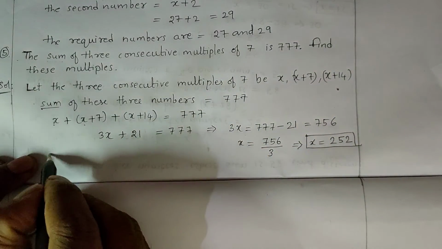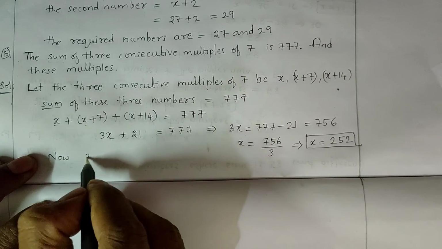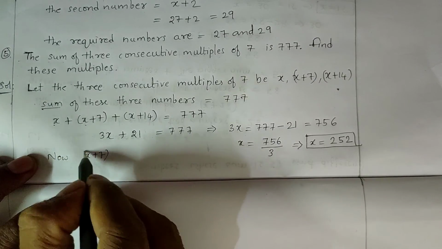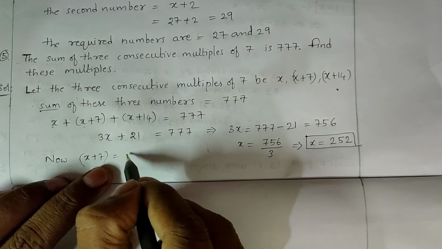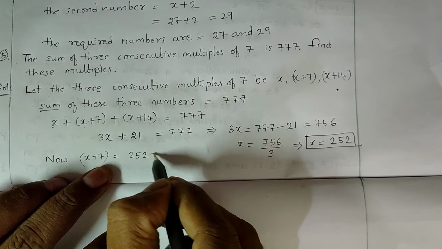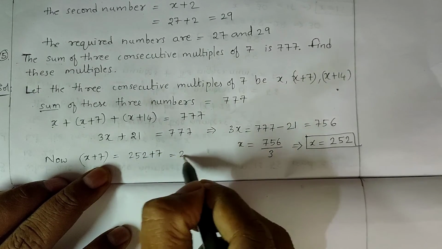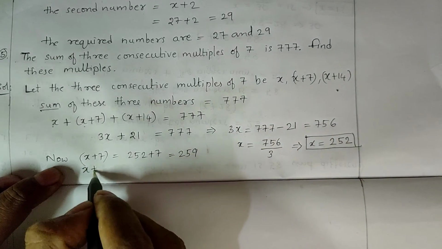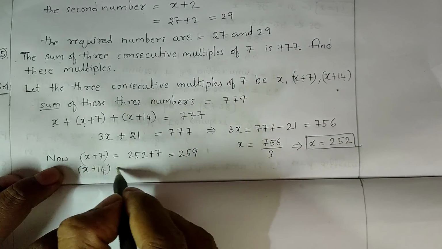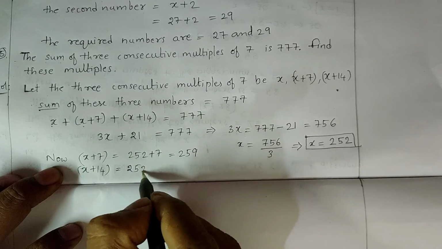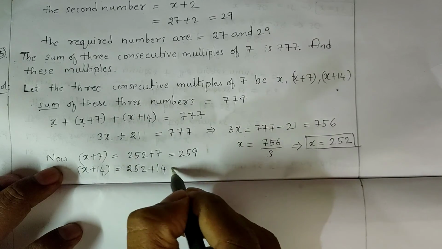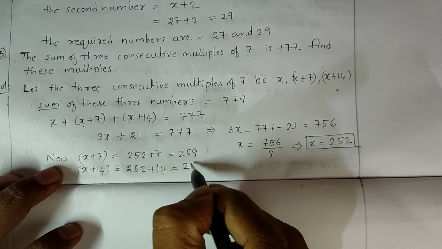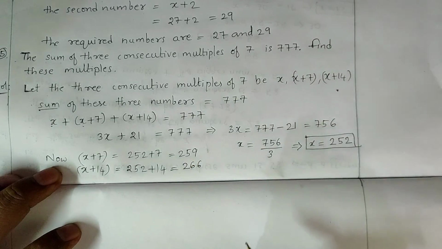So let us find the second number. The second number is x plus 7, which is 252 plus 7, that equals 259. Then x plus 14, that is 252 plus 14, that will become 266.